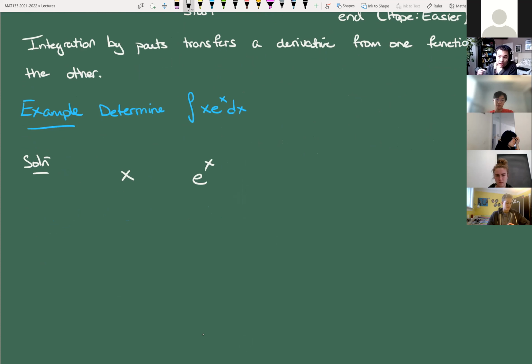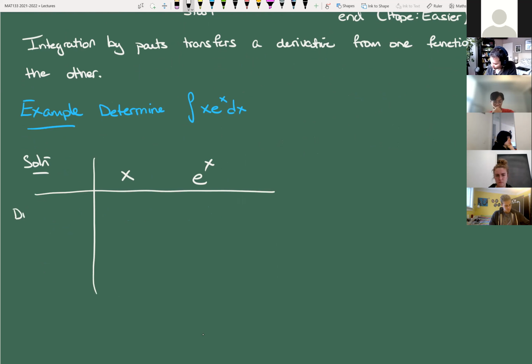I have to choose to differentiate one of them and then anti-differentiate the other. So what if I differentiate the first of these functions? I get 1, and then I integrate the other one, and I get e to the x.